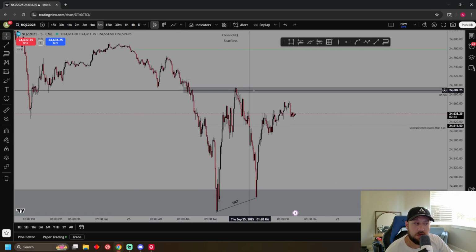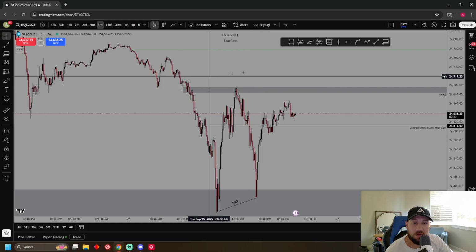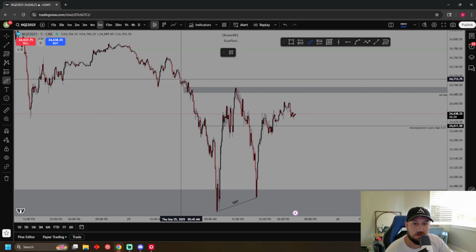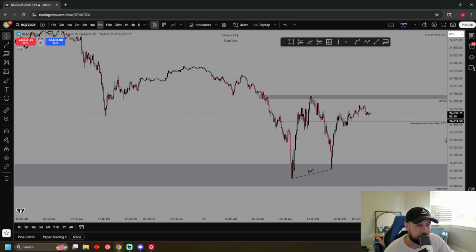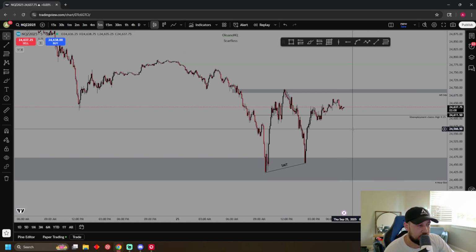If we do end up closing above this 5-minute gap, I would expect us to run to here and then probably higher. But we tagged this 5-minute gap and came down super hard, so I'm going to keep that marked out for now. And then honestly, see this unemployment claims candle?